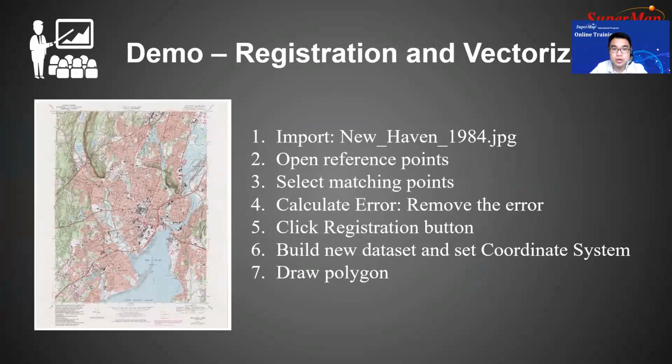Now I will show you how to do the registration, because in the JS sometimes after we input a new digital map, there's no coordinate, so we have to use some reference points to add the coordinates for this picture. So here we provide several steps.